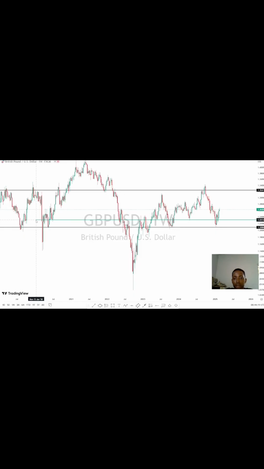Yes, I can see another level. So why I didn't take this one is that this one is much more valid. If you guys can see, we came here, we retested, weekly inverted hammer, we pushed here, we came back here, we retested, weekly bullish candle, and we rallied all the way here.